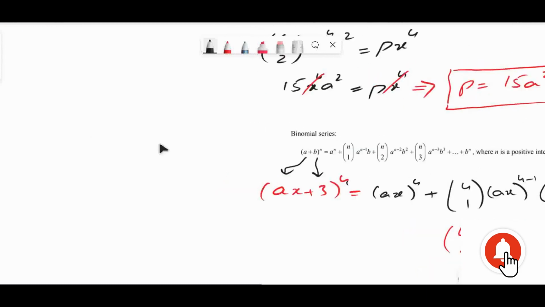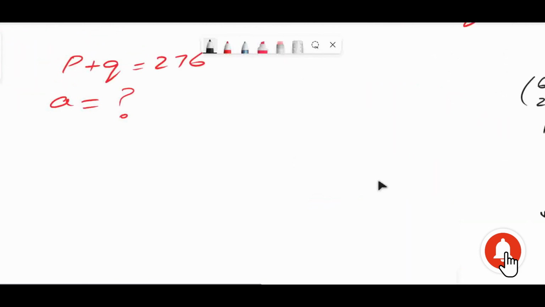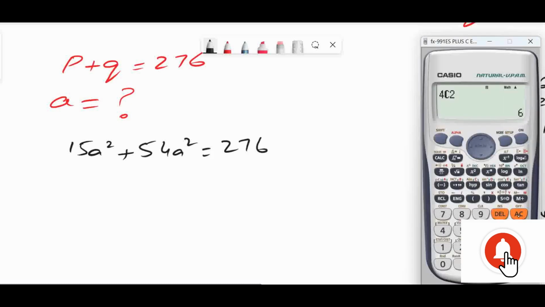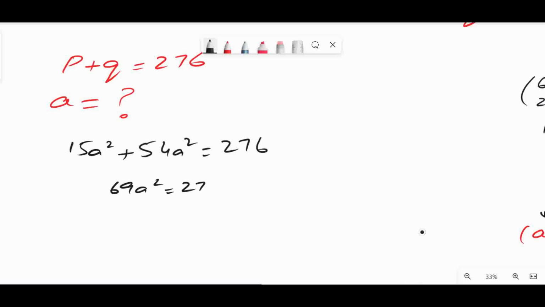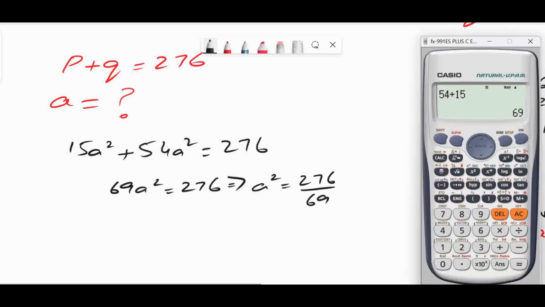From here, p equals 15a^2 and q is 54a^2, so 15a^2 plus 54a^2 equals 276. 54 plus 15 equals 69, so 69a^2 equals 276, which means a^2 equals 276 divided by 69. 276 divided by 69 equals 4.